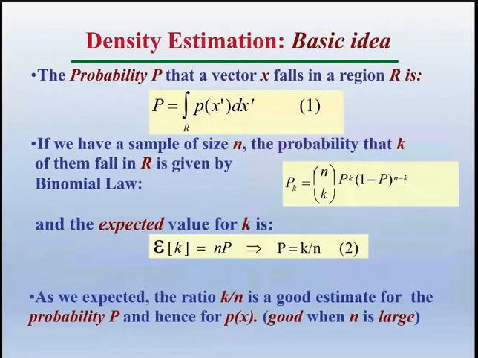Now, the probability P that a vector x falls in region R. Be careful now with what I am deriving. The probability P that a vector x falls in a region R is equal to the integration over the region of this probability density function.